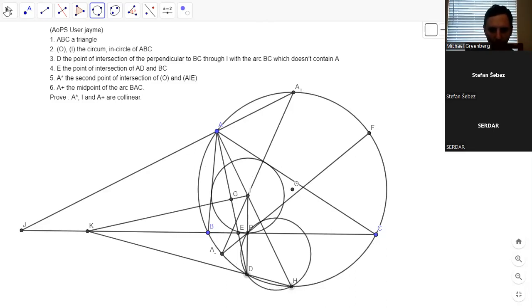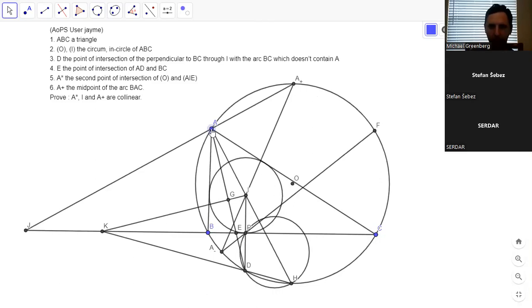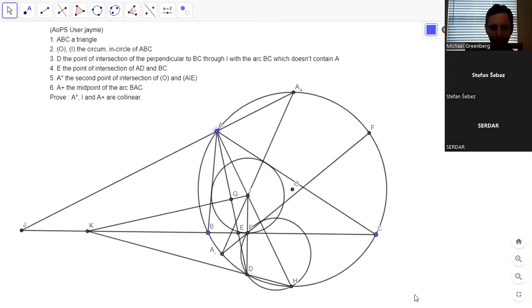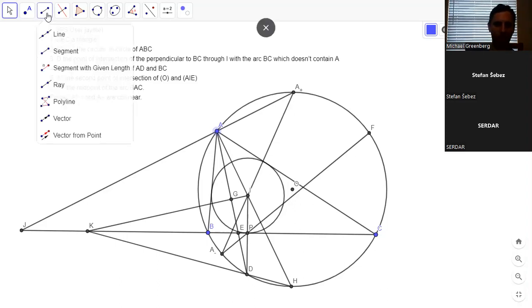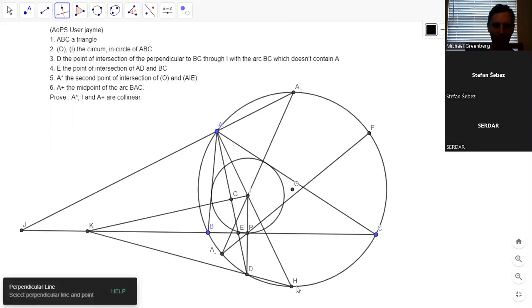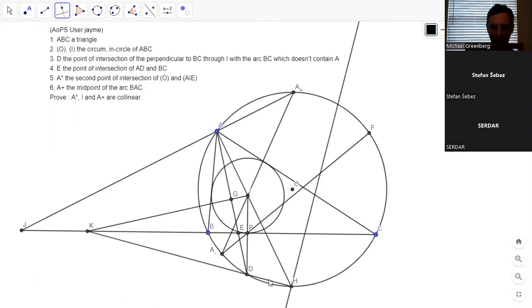I don't know if that's, no, actually, that's not true. I draw this.